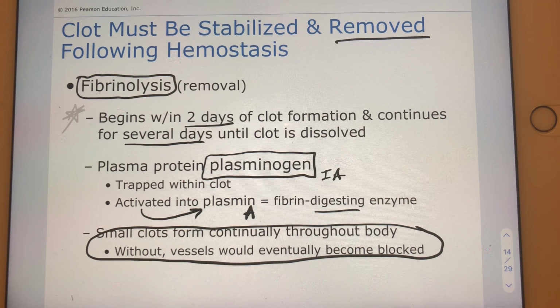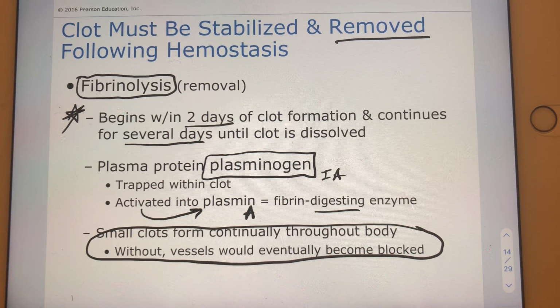Well, if we didn't complete this very last step, fibrinolysis, then clots would just accumulate, and our smallest vessels would eventually become blocked. So because damage is a normal thing, clotting is also a normal thing. And because clotting is a normal thing, then fibrinolysis is also a normal thing. It's a routine process that we're all performing all the time.